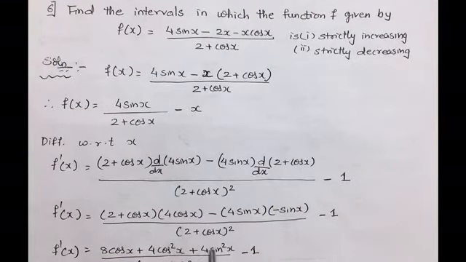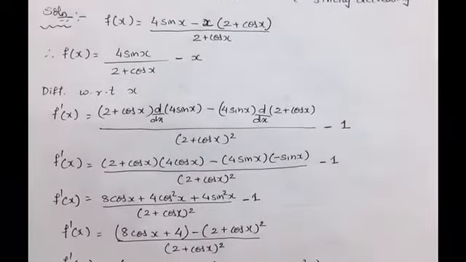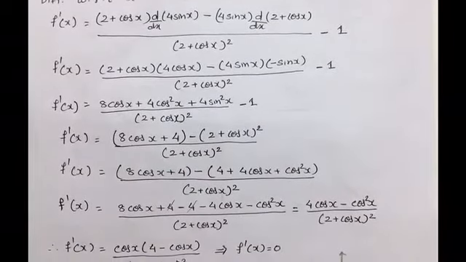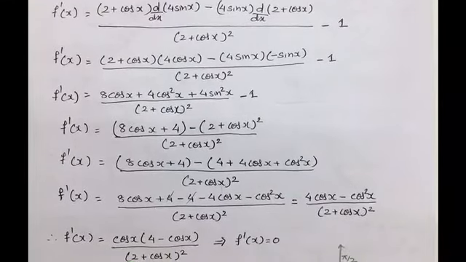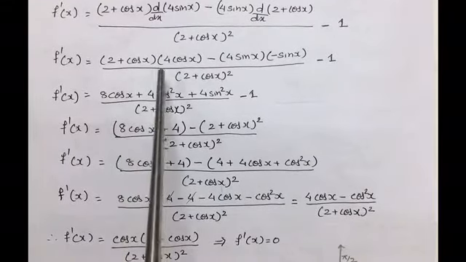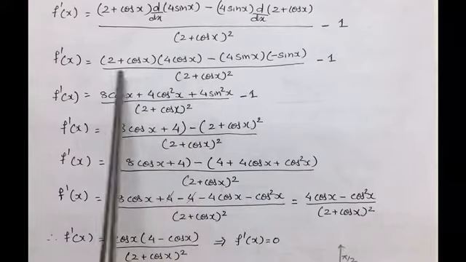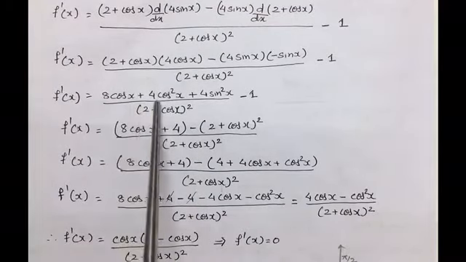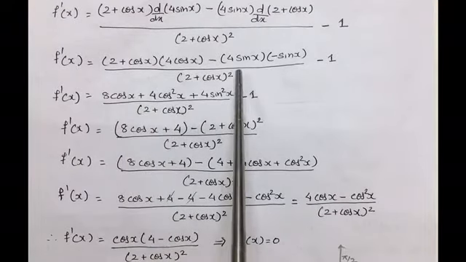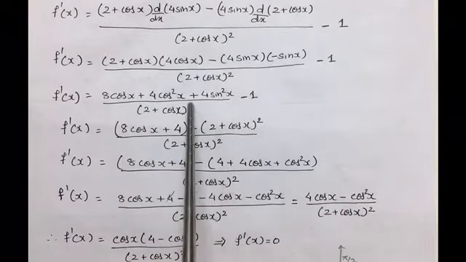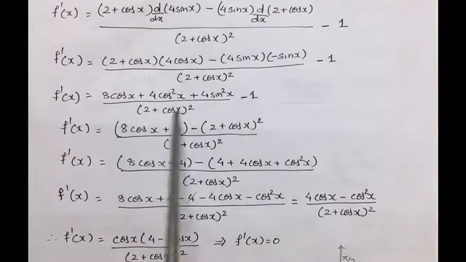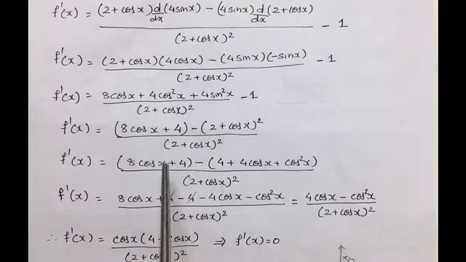Expanding the brackets, multiplying 4 cos x with both of them, that is 2 + cos x, we get 8 cos x + 4 cos square x. Minus and minus makes it plus 4 sin square x, minus 1 as it is, whole divided by (2 + cos x) whole square.